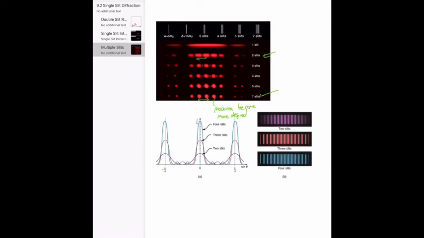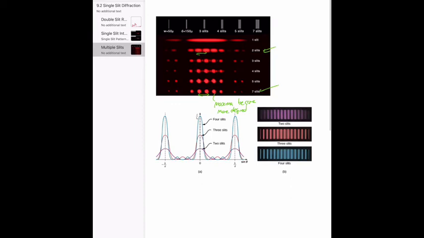They also, so that means the bright bits get much, much brighter. The dark bits get darker. And so you essentially have a bigger contrast between the bright fringes and the dark fringes as we increase the number of slits. So we can see that down here, what's actually happening.